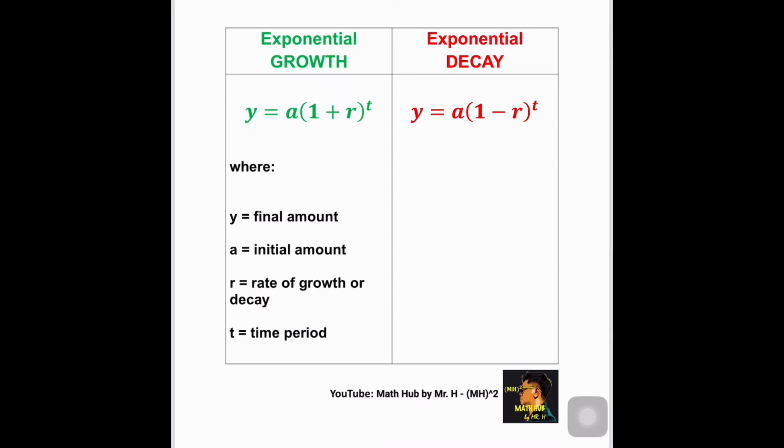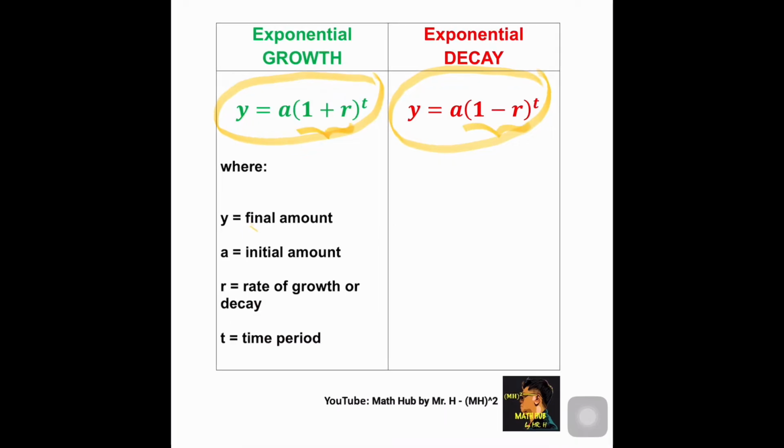Alright, so here's how exponential growth and exponential decay are represented. On the left, we have y equals a times (1 plus r) to the power of t. And for exponential decay, we have y equals a times (1 minus r) to the power of t. y is the final amount or final value.